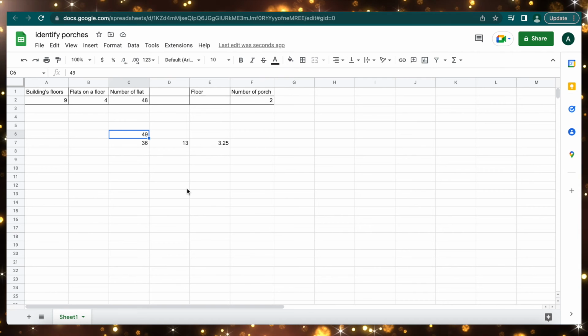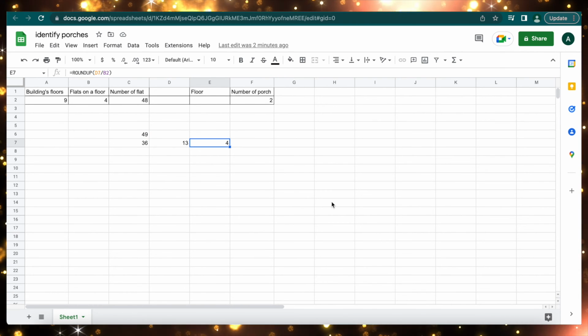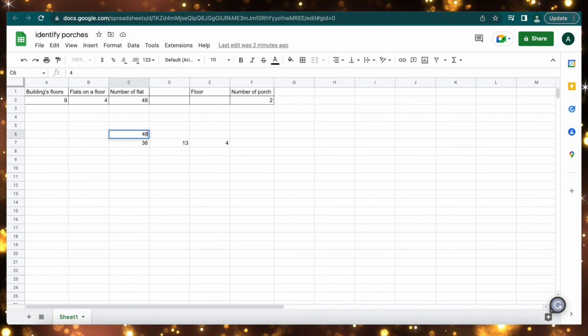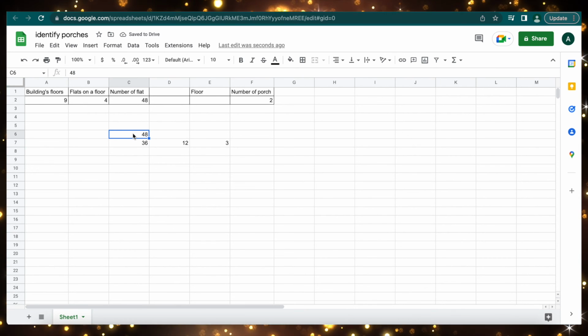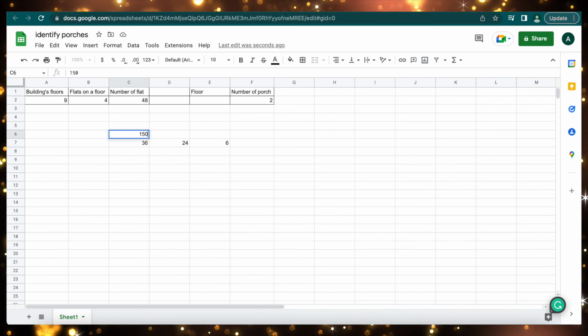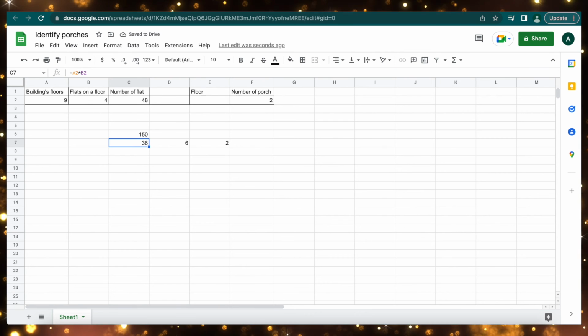And we can use ROUNDUP in that situation, and we have a correct answer. If we change to 48, we have the 3rd floor. If we change to 60, it's the 6th floor. 150, it's the 2nd floor, but in another porch.